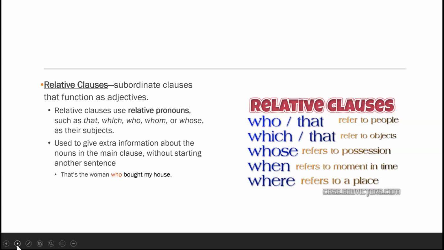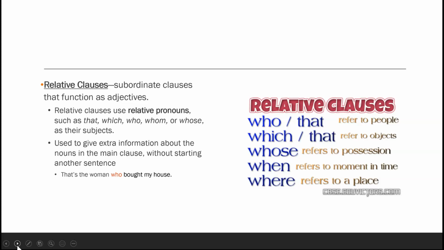Last we have relative clauses. Relative clauses are subordinate clauses that function as adjectives. Relative clauses use relative pronouns such as that, which, who, whom, or whose as their subject. And the purpose of using these relative clauses is to give extra information about the noun in the main clause without starting another sentence.